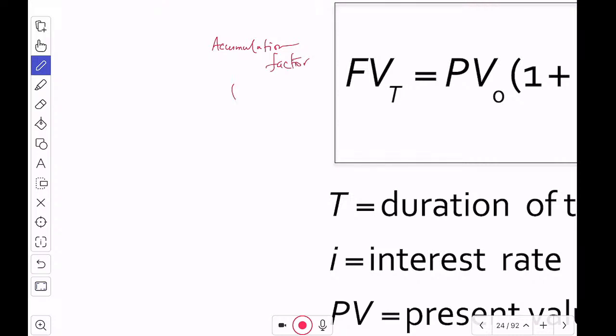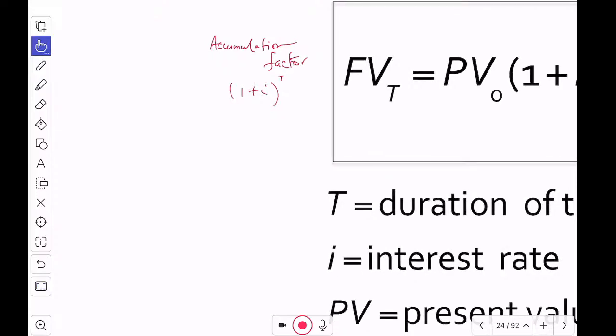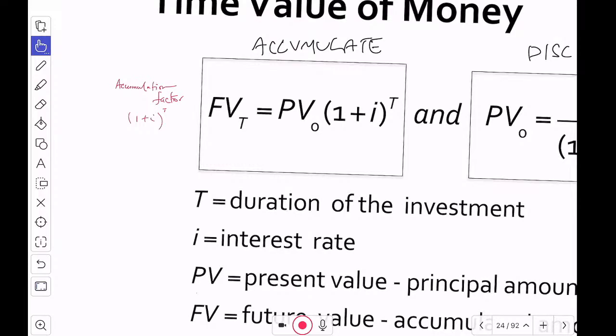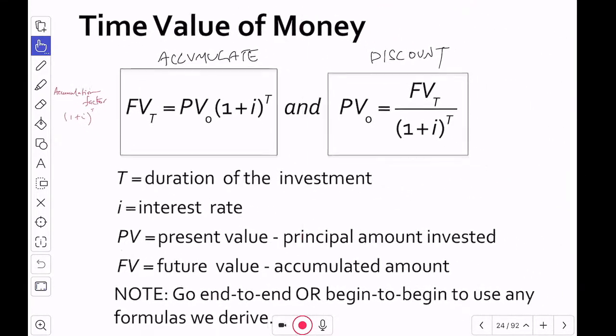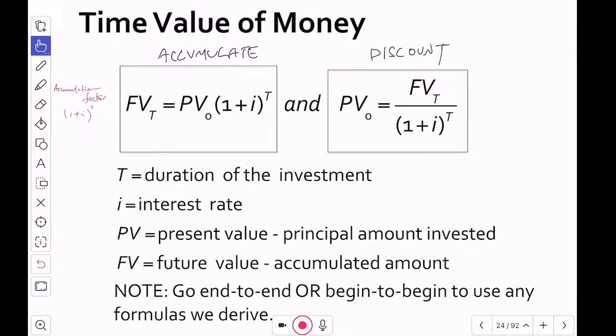I call it a factor because we're multiplying by it. And when I talk about the discount factor, what I'm talking about... okay, I don't know if that helps.